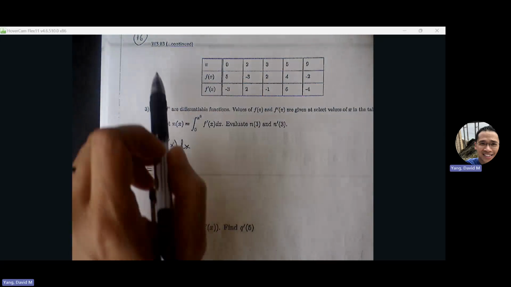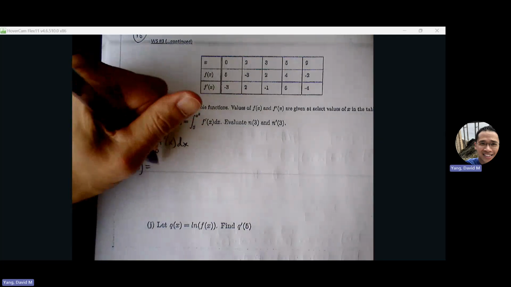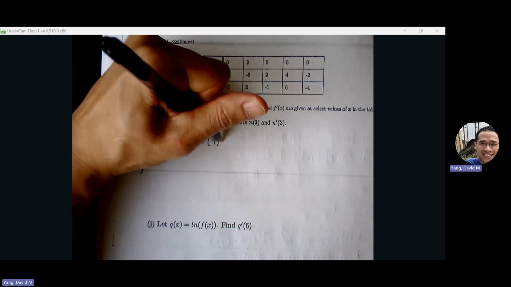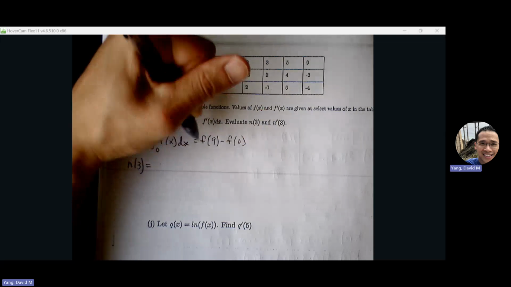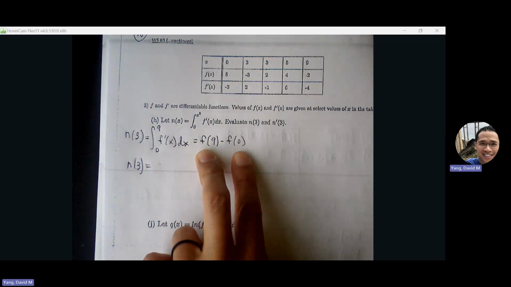If we had an f prime graph in front of us, then we could add up those areas, but we don't have it. But what we can do is change it into f of 9 minus f of 0, right? f of x with brackets from 0 to 9. And this we can do because f of 9 is a value from our table, so is f of 0.